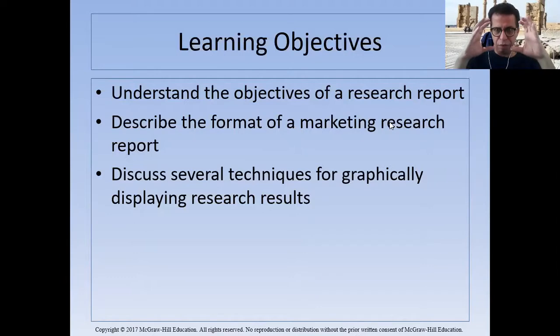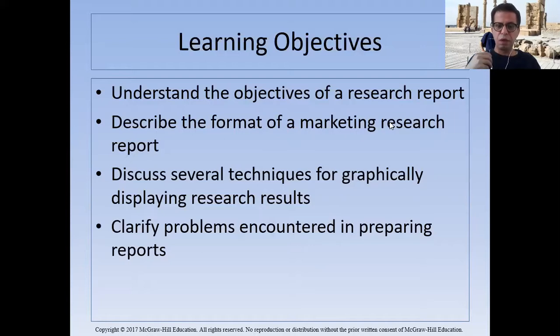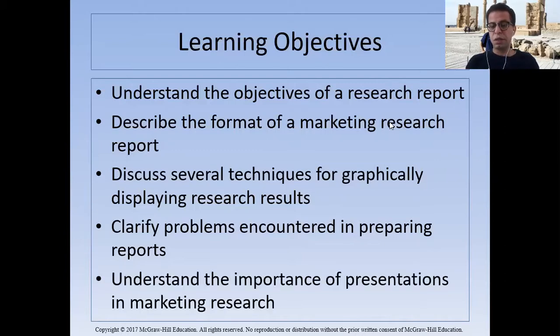They like to see graphs, how this information converts to graphs. We'll also clarify problems encountered in preparing these reports, and understand the importance of the presentation: why, once we do a study, we need to do a presentation regarding that study.